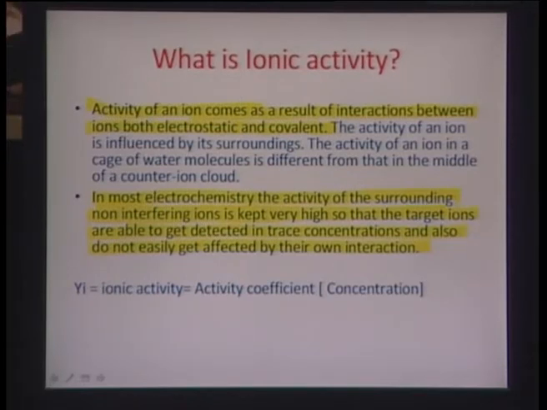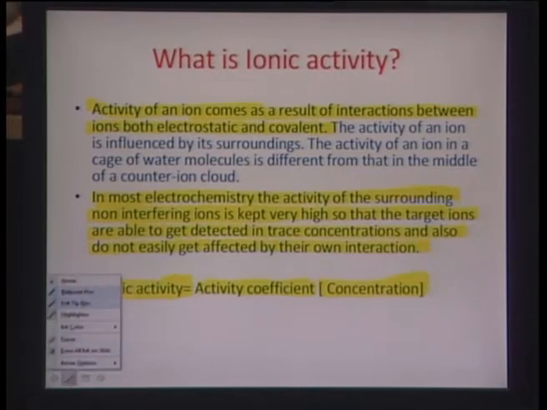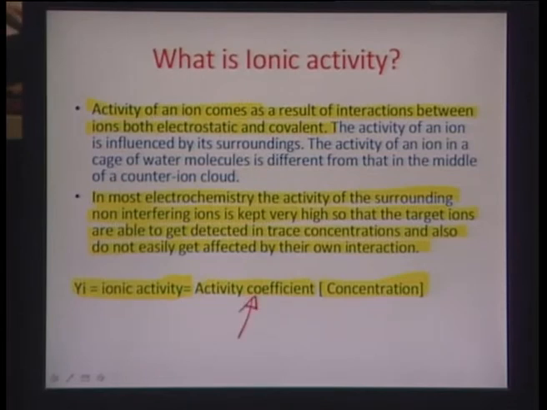In that case, the ionic activity, which is the more appropriate term giving an idea of the electronic interactions, can be described as the activity coefficient, and this is a constant, times the concentration of the particular ion of interest. Now, this activity coefficient, depending on different situations, can have different values, where sometimes the ionic activity can be too high, sometimes it can be too low.